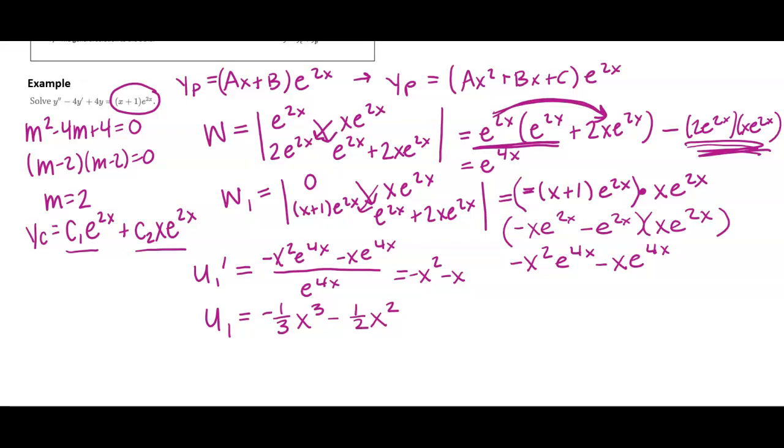All right, let's go ahead and find Wronskian 2. So I do that exact same method, but this time I'm going to keep the first row and then do 0 and f of x here. Now this time when I multiply, this diagonal stays.